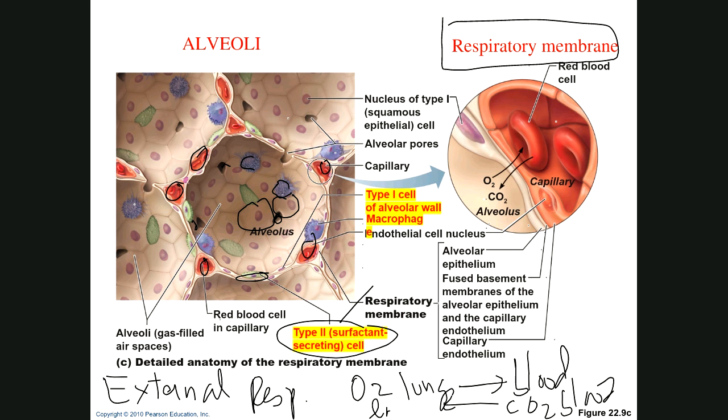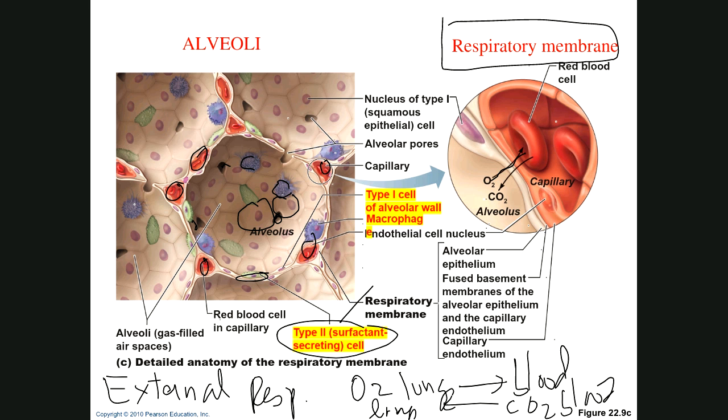Now, these are very small molecules that can diffuse following a concentration gradient. So you see here how oxygen goes through the respiratory membrane and reaches the blood, and CO2 leaves the blood and goes into the respiratory membrane.